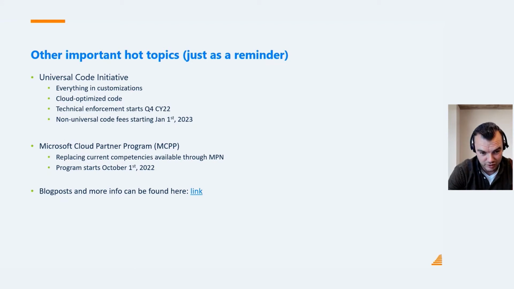And good to know that the non-universal code fees, the requirement to license the additional modules, will start January 1st next year. Then the MCCP, also covered a lot of times already by us, replacing the current competencies available through NPM, and that program starts October 1st as well.